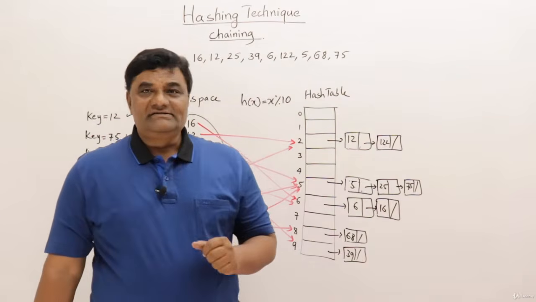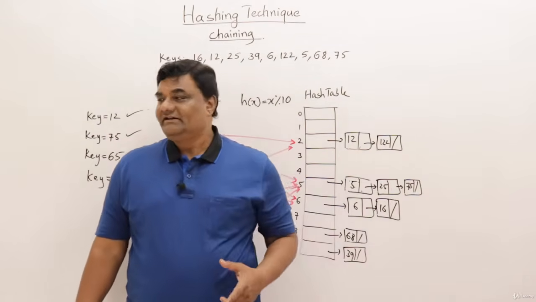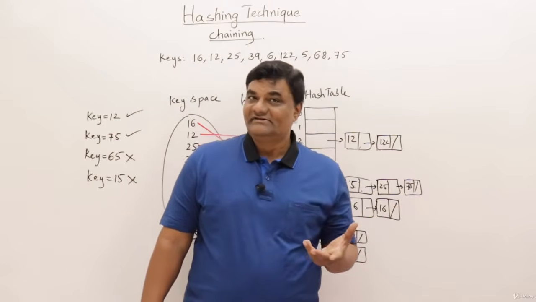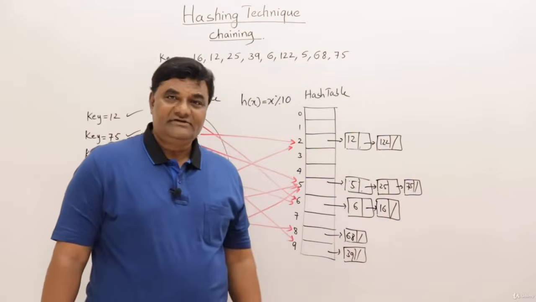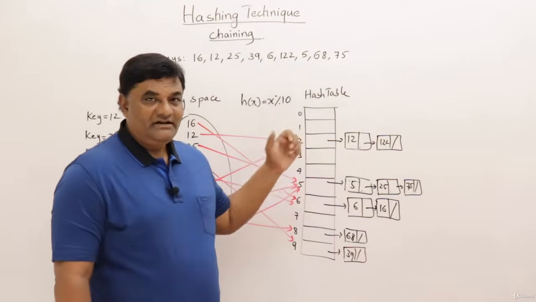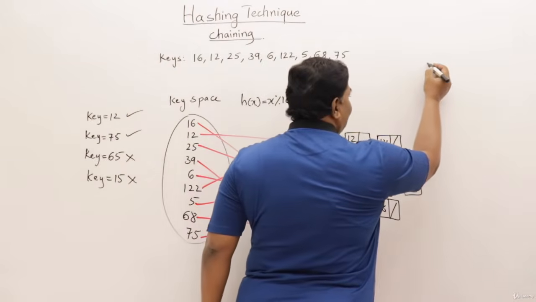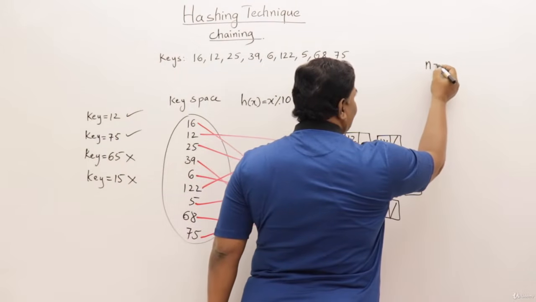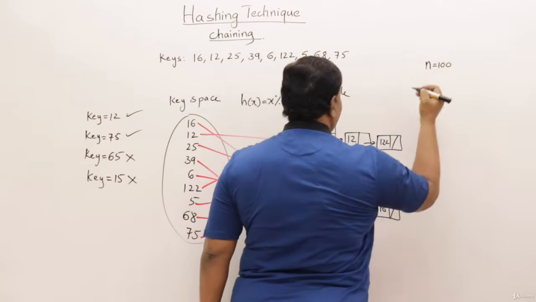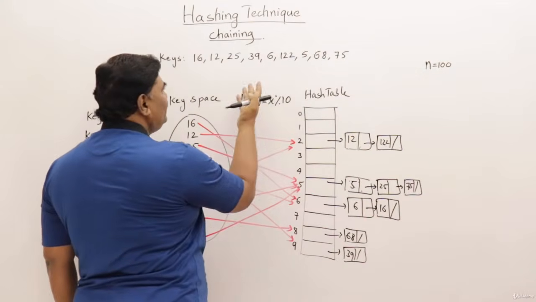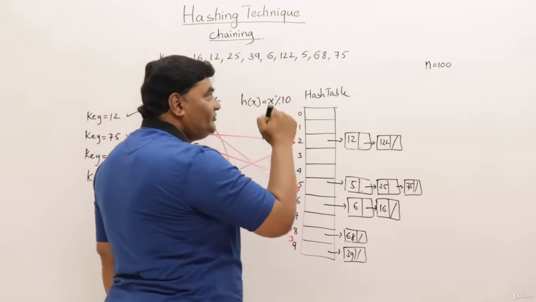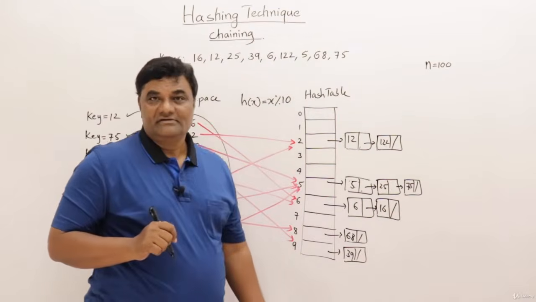Now let us do analysis and find out how much time it is taking for searching, in case of successful search as well as unsuccessful search. I have the number of keys, n. Suppose I have 100 keys. Here I have only 9 keys, but assume there are 100 keys.